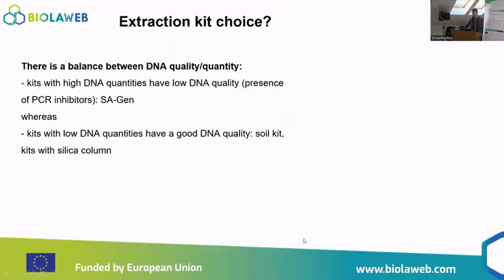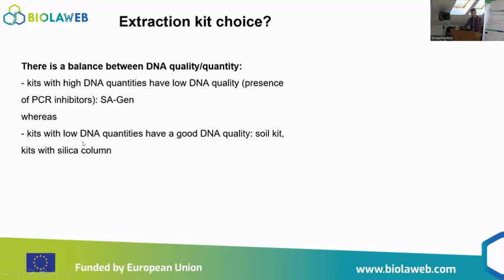So does this have an impact on our different criteria? The first thing we looked at is the DNA quantity and the DNA quality. What we saw is that kits which enable high DNA quantities had low DNA qualities. In fact, we had some PCR inhibitors, like with this kit SAG.